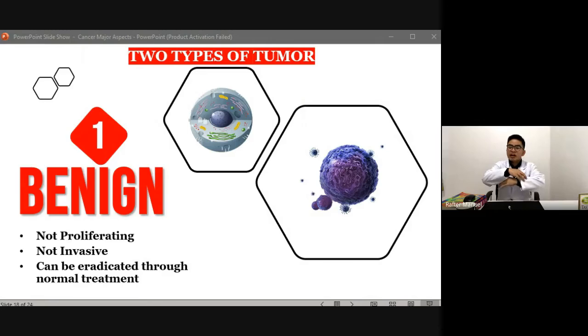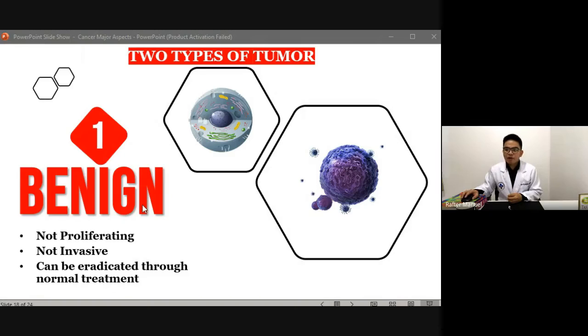However, they are not proliferating. They do not metastasize. They do not spread into other regions of your body. They are not invasive. So we can treat this with normal tumor treatment such as radiation. And after the radiation, this treatment will eradicate benign tumor cells in the body.